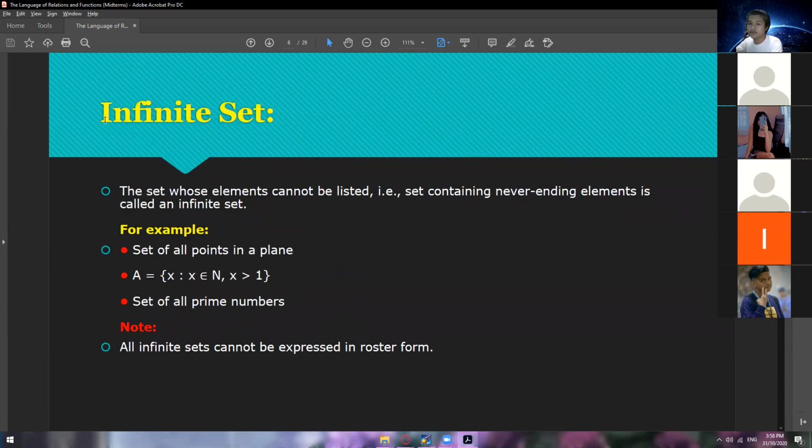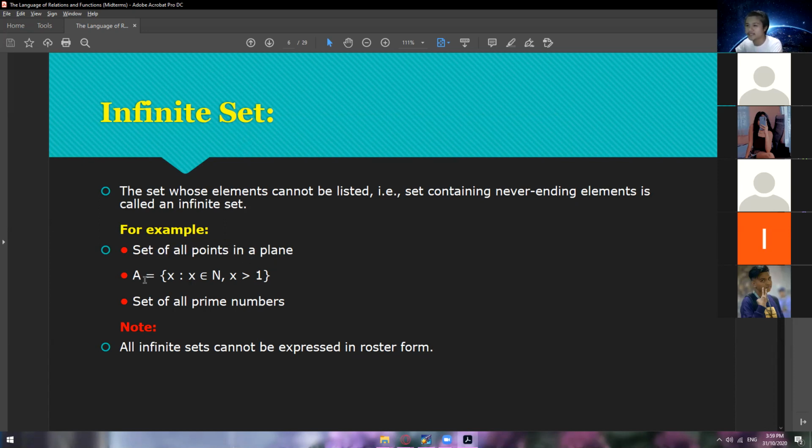And then if we have finite set, of course, we have the counterpart, which is the infinite set. Wherein here in infinite set, we cannot count the elements inside of it. Meaning infinity nga siya. Okay? So for example, the set of all points in a plane. Okay? So lahat naman ng points in a plane is continuous. So hindi natin alam kung kailan siya mag-end. Okay? So infinite siya.